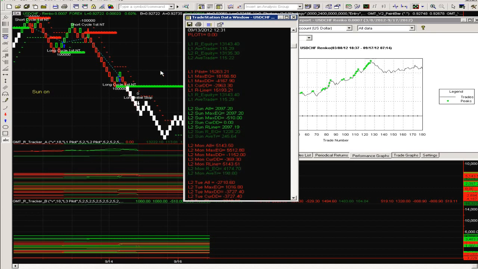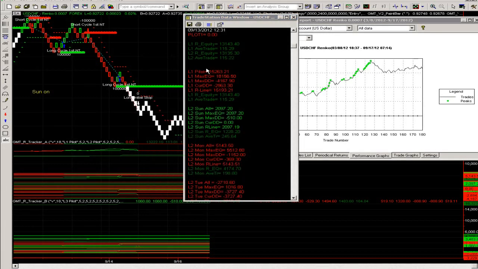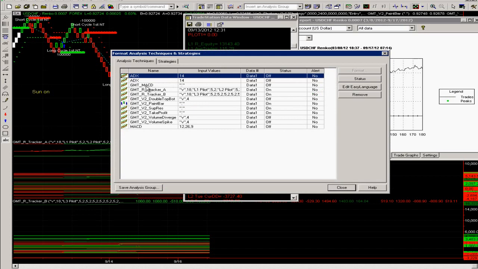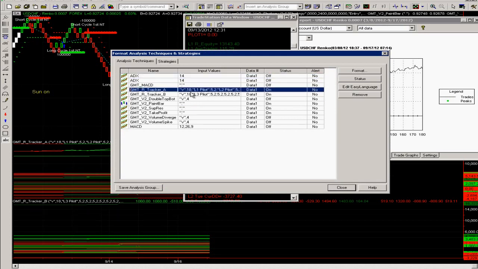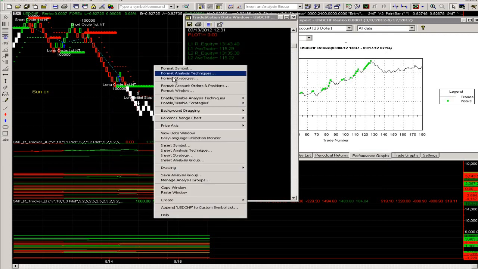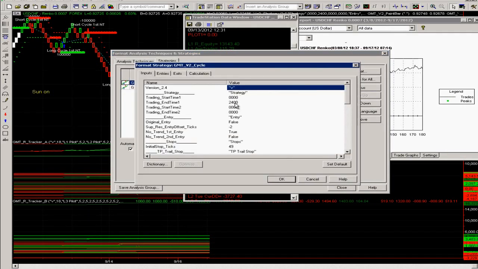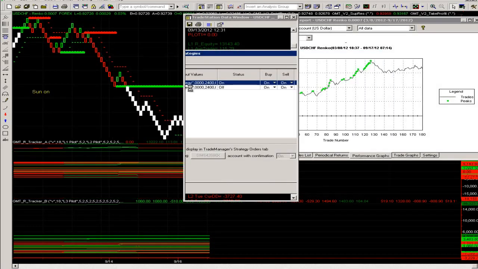So the first thing we need to do is go into the indicator and set up our stop. Now on this system here, we've got it at 18, so it shouldn't be 18, should it? We've got to go into the strategy and say, right, what is the stop on the strategy? How many pips is it? It's 49 pips. So that would be our initial stop, 49.